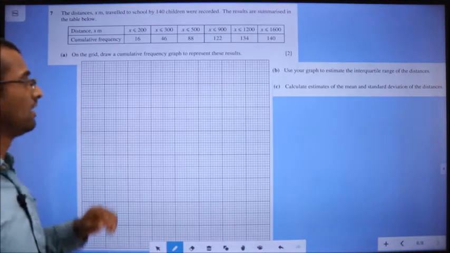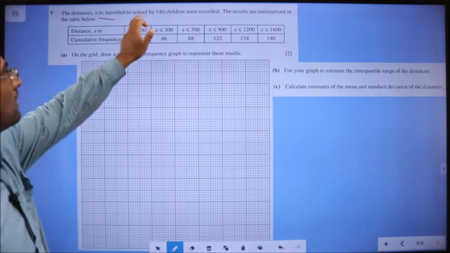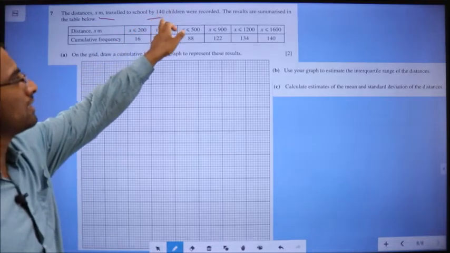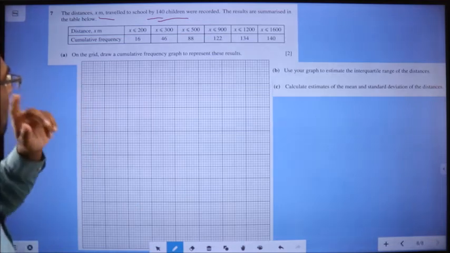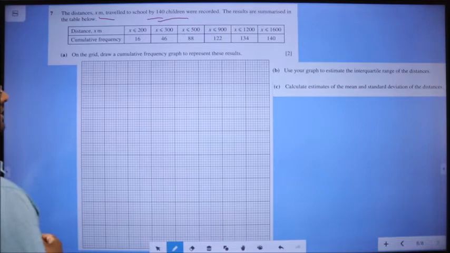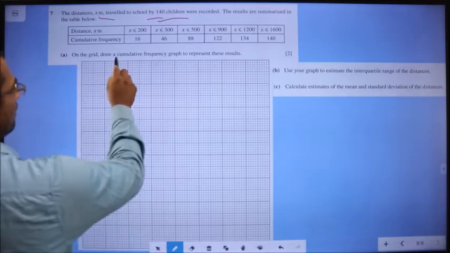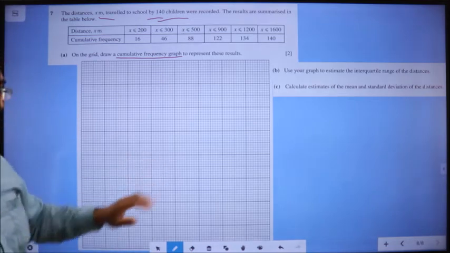Question 7. The distances x centimeters traveled to school by 140 children were recorded. The results are summarized in the table below. So a distance cumulative frequency table is given. Draw a cumulative frequency graph. This graph sheet is given.